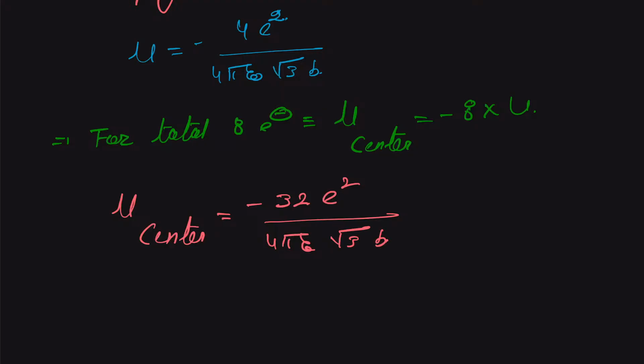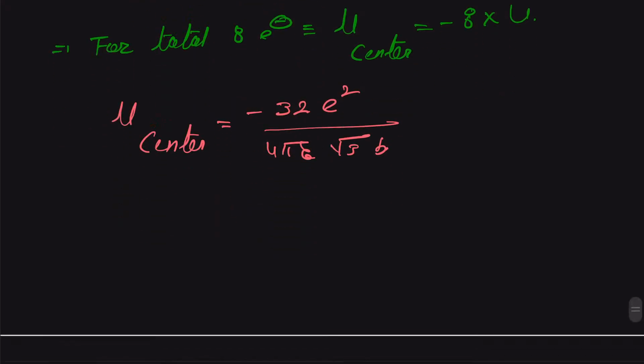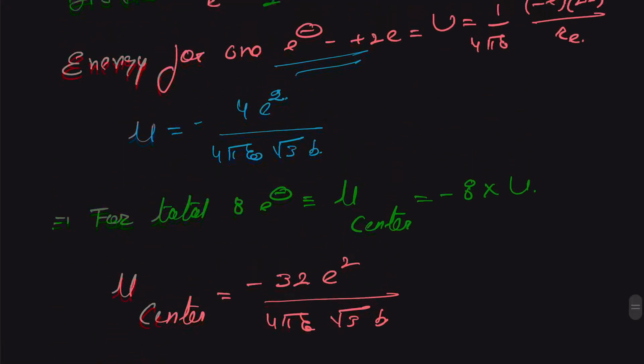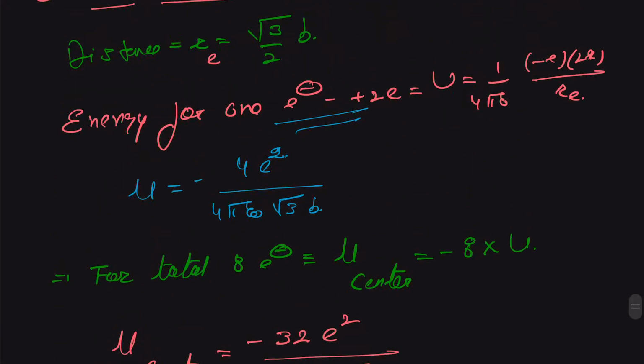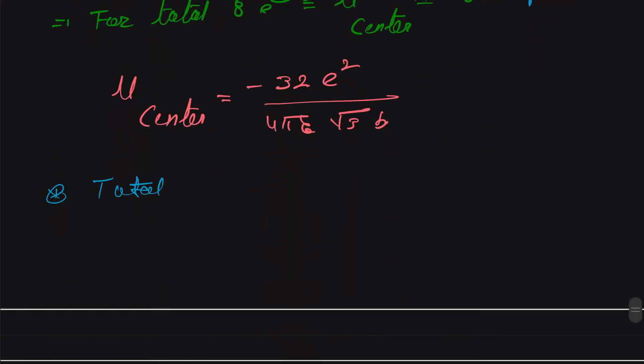Now we can simply add them, total energy. Let me call this as our U1, much more easier. So we can say total electrostatic potential energy, which is U, will be equal to UEE plus U center.